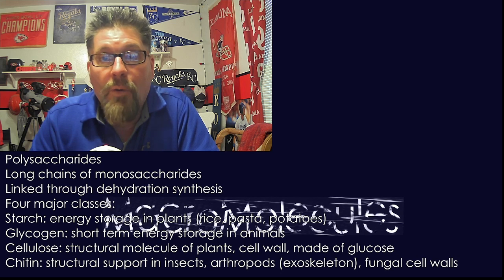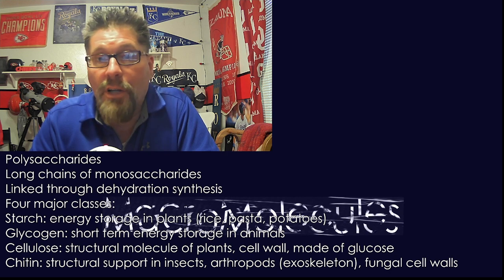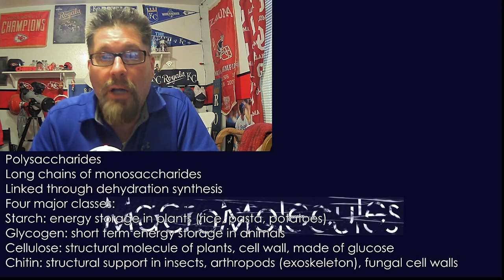We don't have all the enzymes needed to digest cellulose, so we struggle with that, and that's why there are some foods like corn that don't get properly digested as they go through the system. But cellulose is made of glucose.